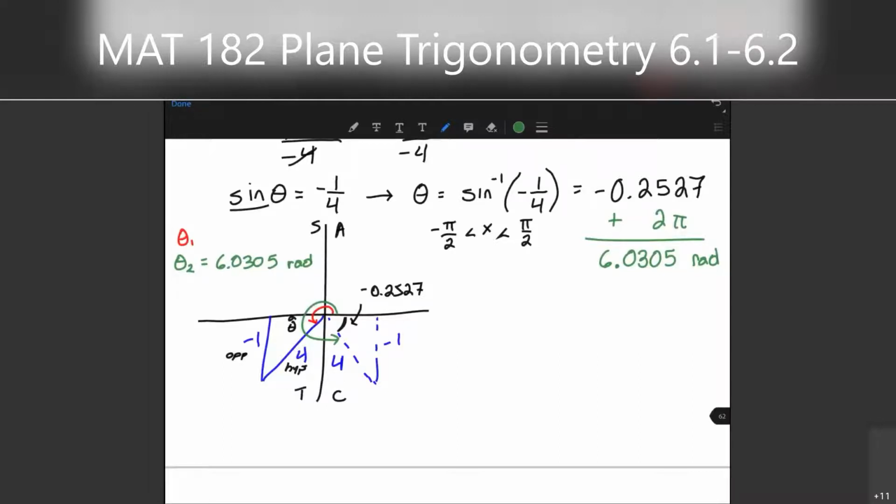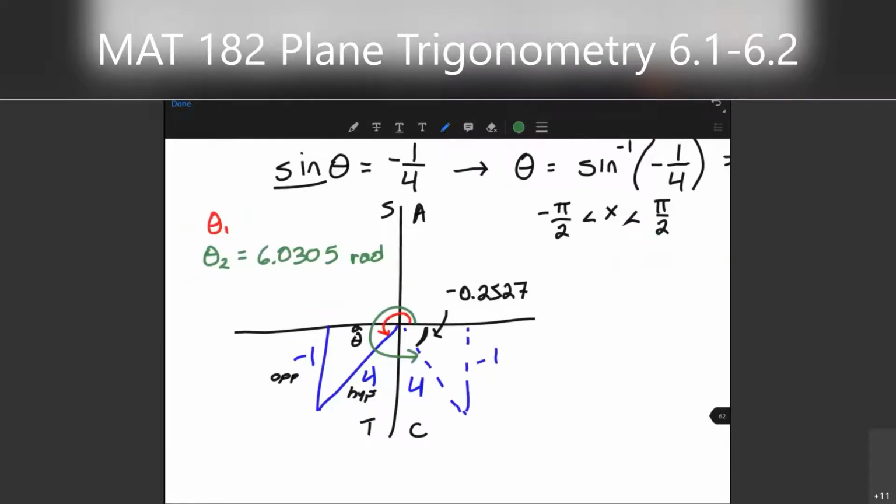How could I use reference angles here to help me out for that 2nd one? If I consider that red angle that's coming around, and I'm just going to use the picture for right now, I know that if I go all the way around to this point, this is pi units.